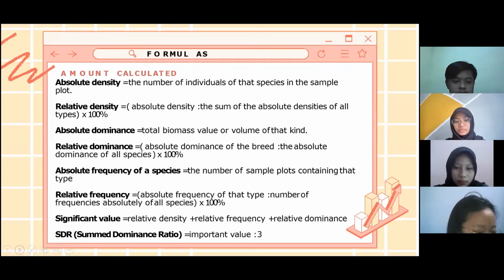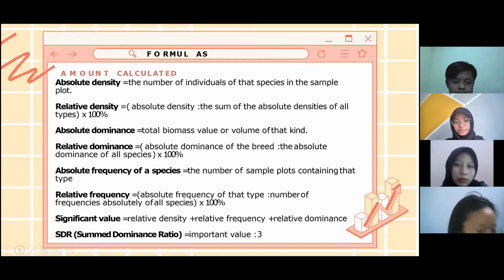And then for the absolute frequency of a species, the number of sample plots containing that type. And then the relative frequency, the absolute frequency of that type divided by the sum of the absolute frequencies of all species, multiplied by 100%.